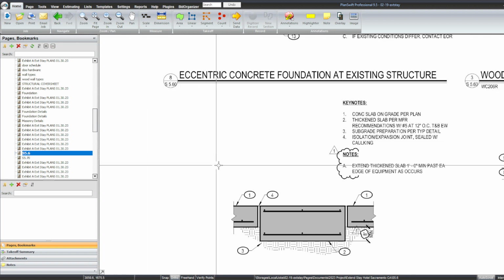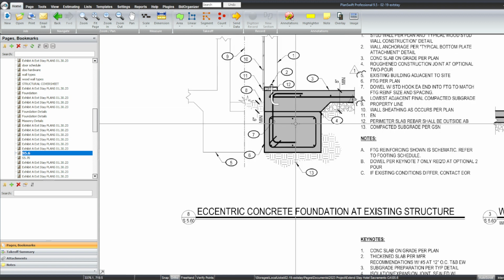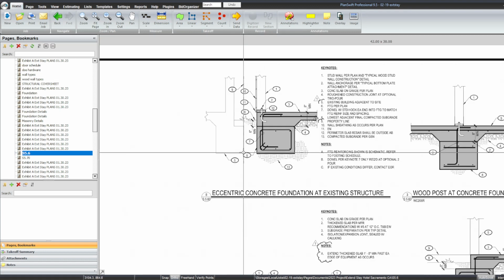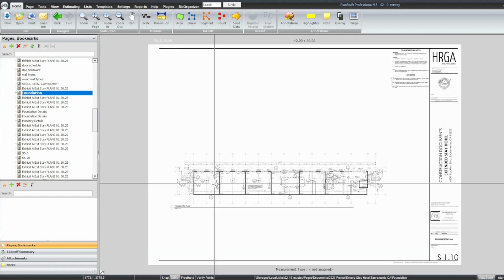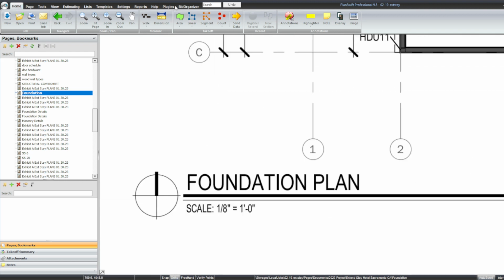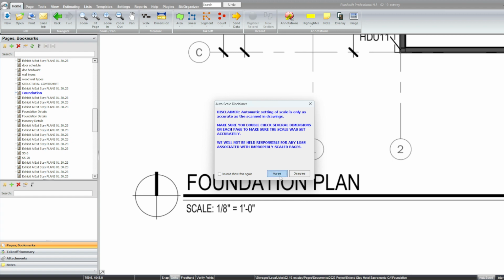8. There we go. Eccentric concrete foundation at existing structure. So yeah, it's at the existing structure. Okay, so that's that bottom part. So however many linear feet, let's go back. That's it. Okay, so set the scale.